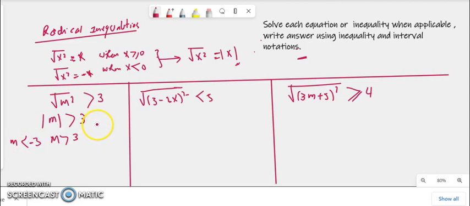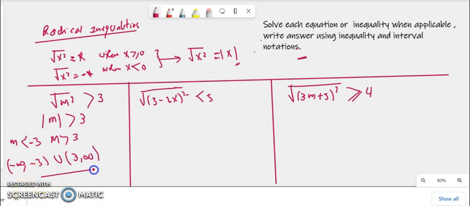We're going to apply the theorem, right? So when we apply the notation, less than negative 3 but not included, so it's negative infinity to negative 3, with both parentheses open, union, 3 to infinity.